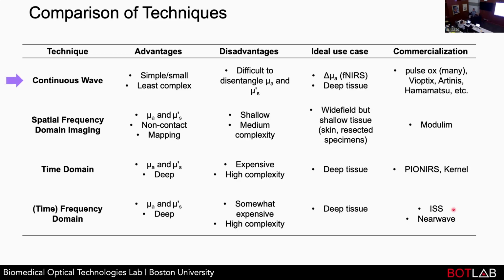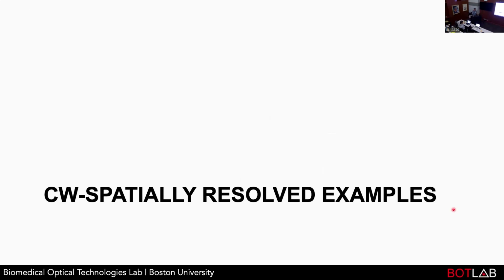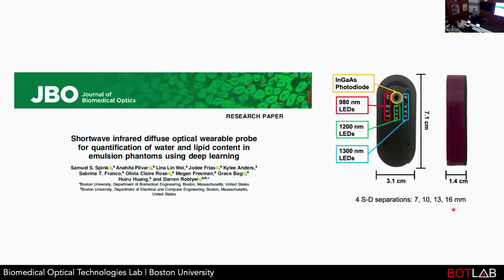So let's look at an example of continuous wave. I wanted to show this to you yesterday. This is a SWIR probe we made with one InGaAs photodiode. When you get into the shortwave infrared, silicon doesn't have sufficient quantum yield for measurements anymore, so you need a different detector.